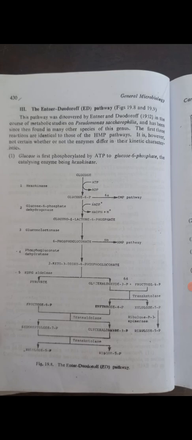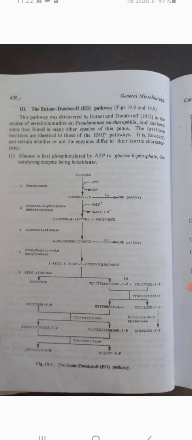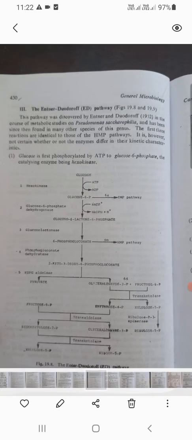This was a pathway from metabolic studies of Pseudomonas saccharophila, and it has been observed in many other species of this genus, that is Pseudomonas, but majorly in Pseudomonas saccharophila. The first three reactions of the ED pathway are identical to the HMP shunt, the hexose monophosphate pathway.